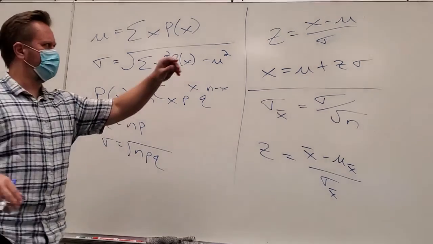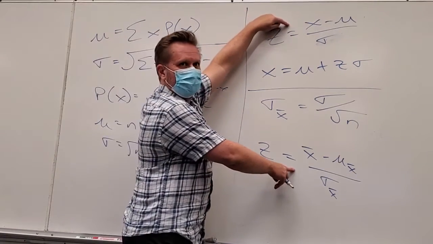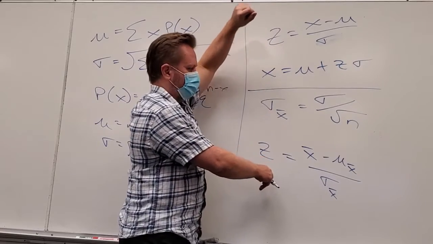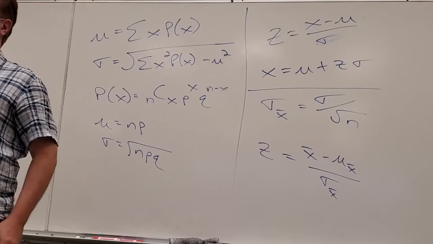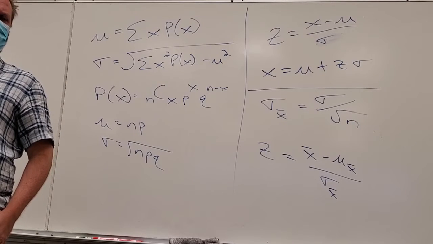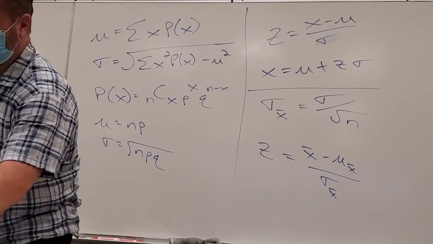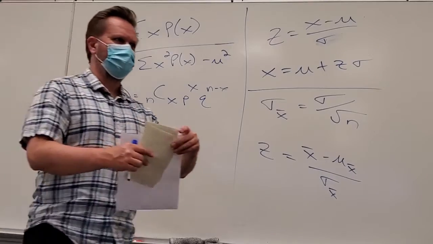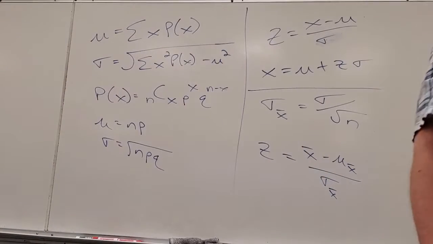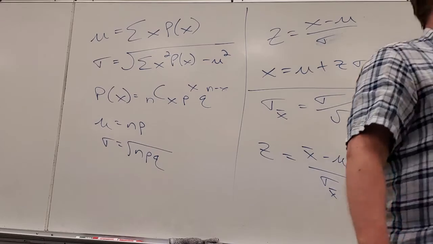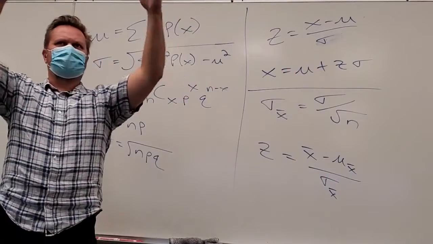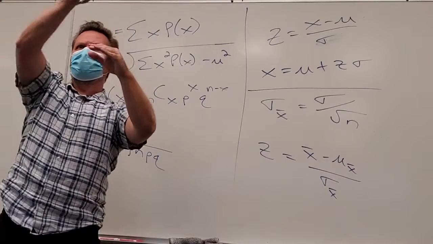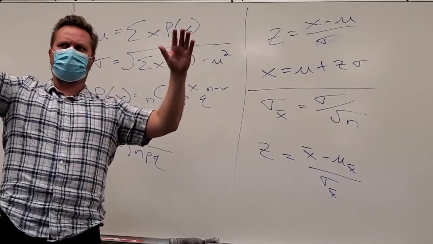Does everybody see how these are the same formulas? This chapter 7 is kind of like, I don't want to say it's the same thing as... No, you should say it's the same thing. Yes, it's very much like the same thing. Chapter 6 is using normal distributions to find the probability that an individual falls somewhere on the picture.